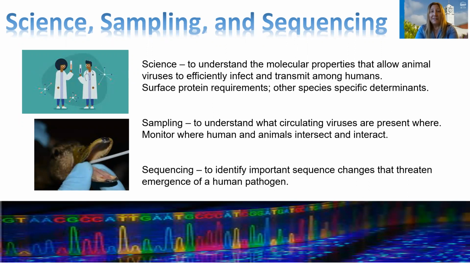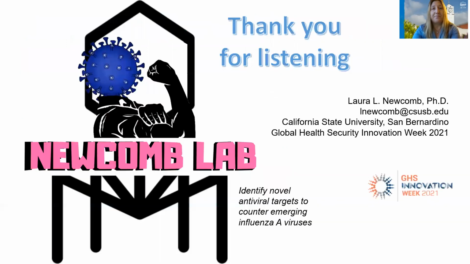We need to do sampling to understand what viruses are circulating, where these viruses are present, and where humans are interacting with animals that contain these viruses. And then, of course, sequencing. Once we've identified changes that are potentially detrimental to humans, we want to identify those changes and work to inhibit any emergence of a new human pathogen.